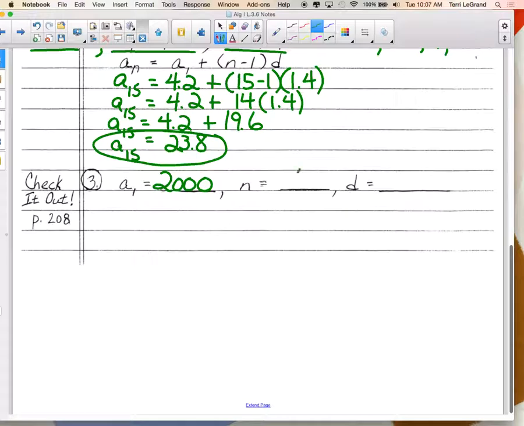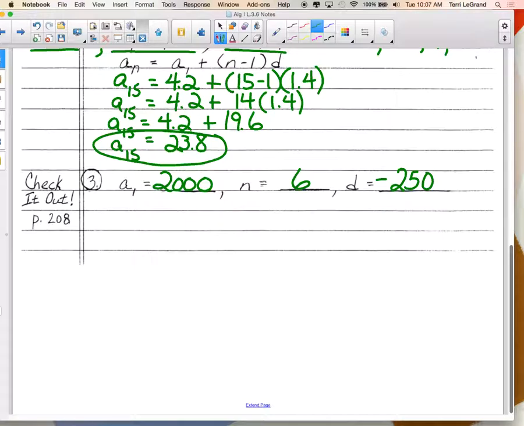We are looking for the amount on the truck after 6 stops, and what's our d value? Negative 250. Okay, is that negative a big deal? Yes. Absolutely. What's going to happen if you don't have a negative there? It's going to gain. It's gaining. You're going to end up with more pounds than it started with at stop 1.